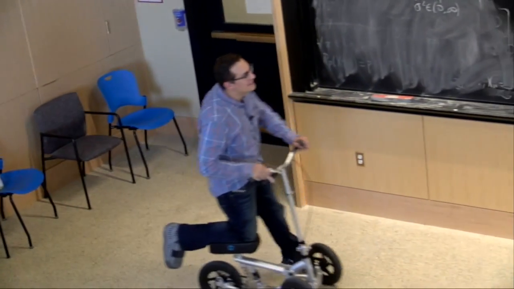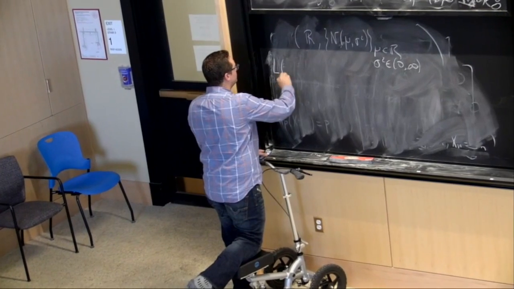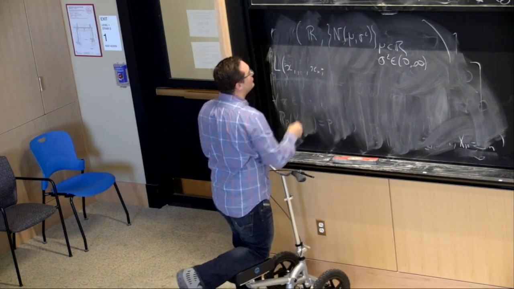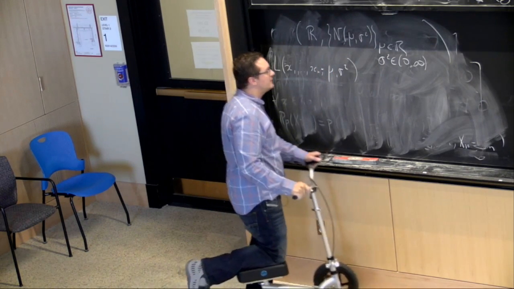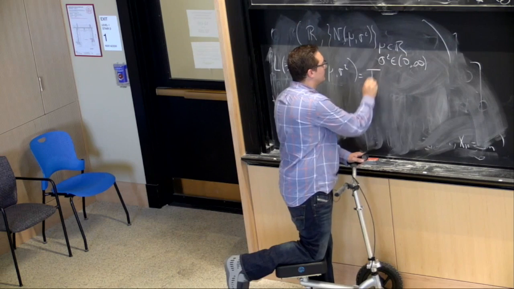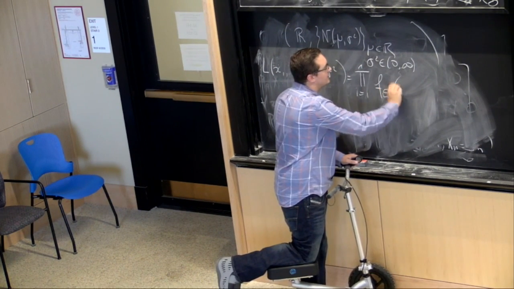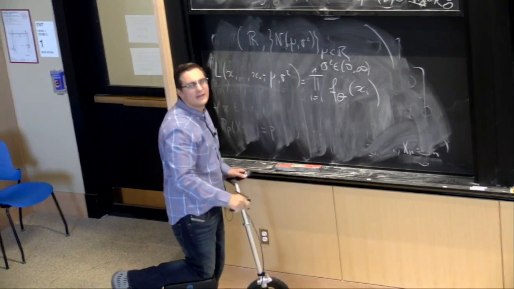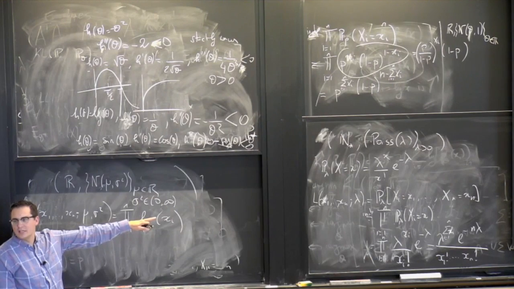All right, so let's write it. So the definition, L(x1, ..., xn), and now I have two parameters, mu and sigma squared. We said by definition is the product from i equal 1 to n of f_theta(x_i). Now, think about it. Here, we always had an extra line, right?